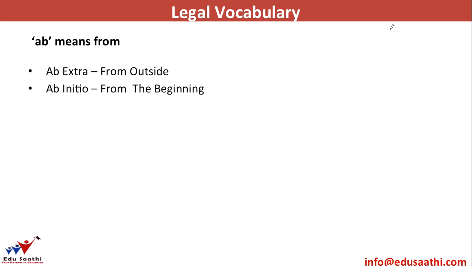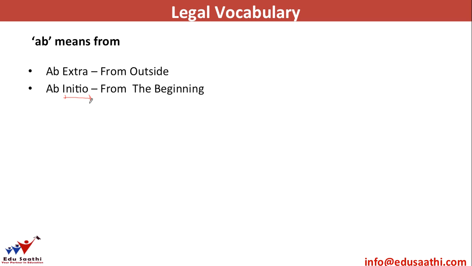The best way to memorize initio is that it is somewhat homophonic to initial, which is the starting point, right? Initio stands for initial, which is the starting point. So ab initio means from the beginning. So if there's a contract which is void, and I say it's void ab initio, this means that the contract is void from its very beginning.